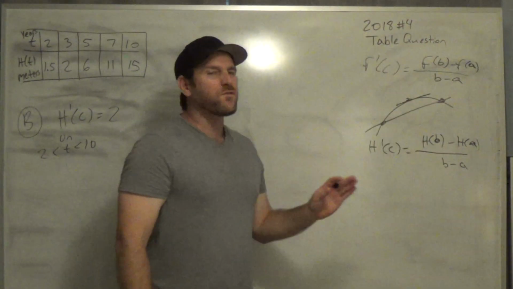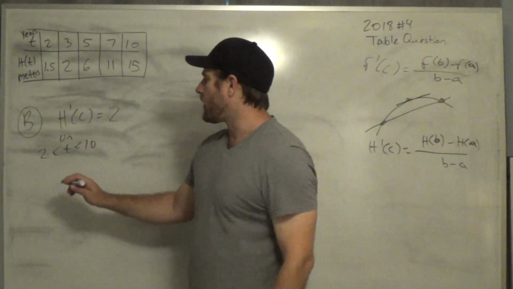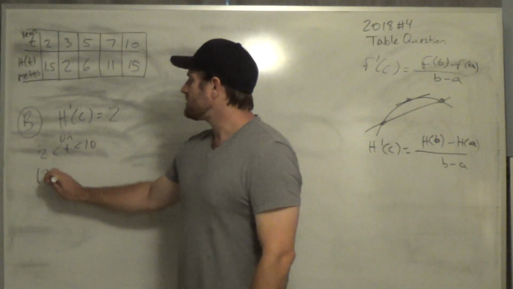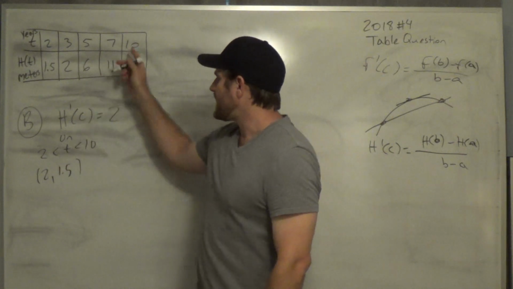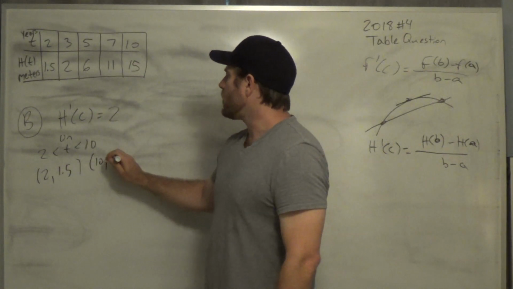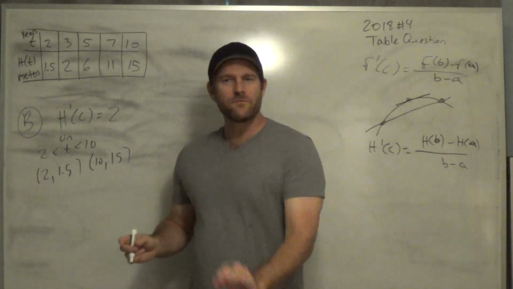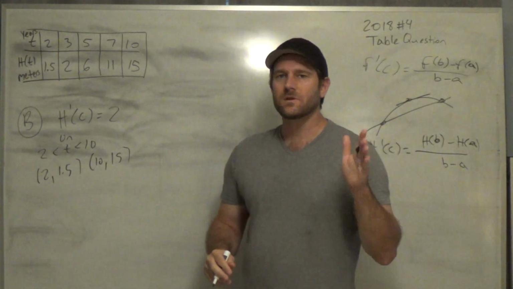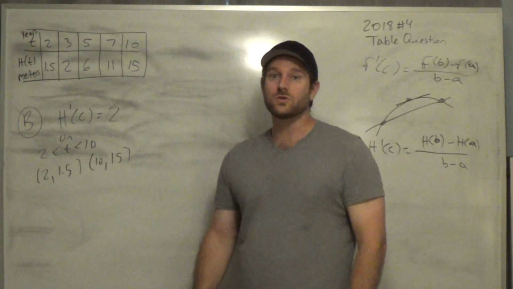So the first thing I would try with the mean value theorem is to look at these endpoints. At time 2, it's at 1.5, and at time 10, it's over here at 15. This is not going to work, but this is where I immediately would go. Every single other time we've done the mean value theorem on the AP exam, if they say from this to this, these are the ordered pairs we're using.